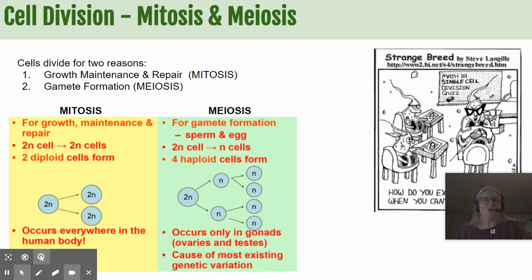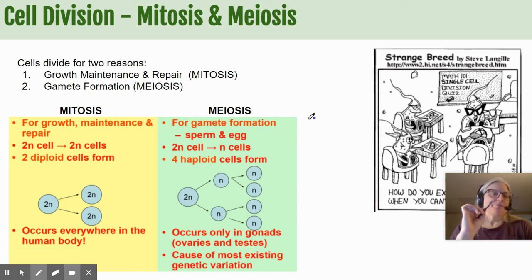All right, so we can't pass on these genes if we don't do cell division and replicate. So our cells are going to divide for 2 reasons. They're constantly dividing because we need to grow and we need to repair, right? So you get a cut.